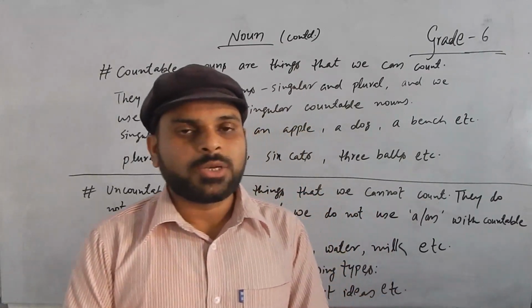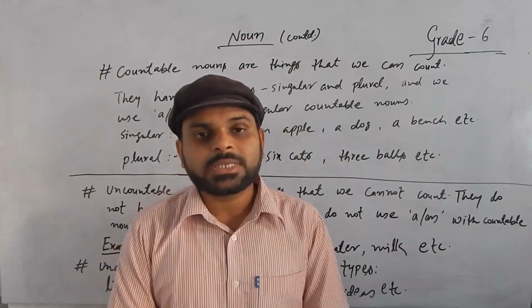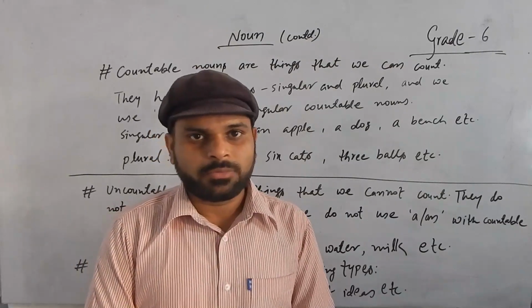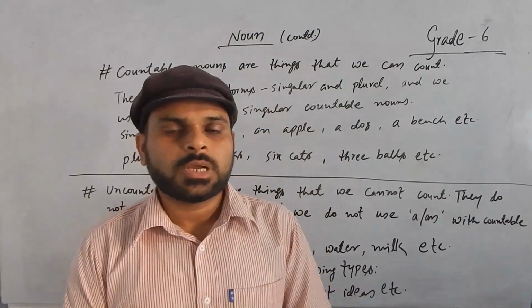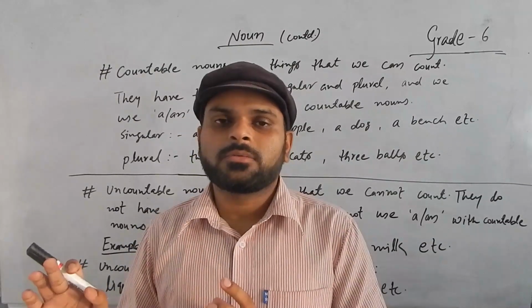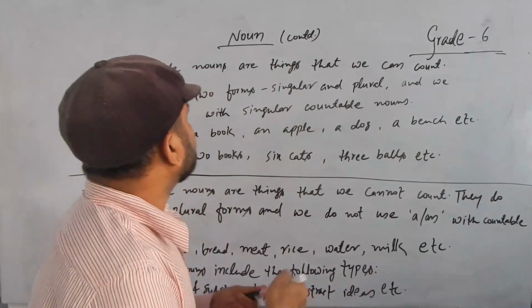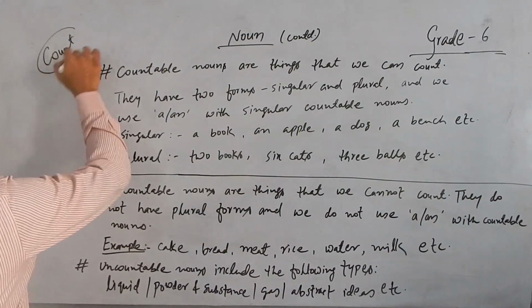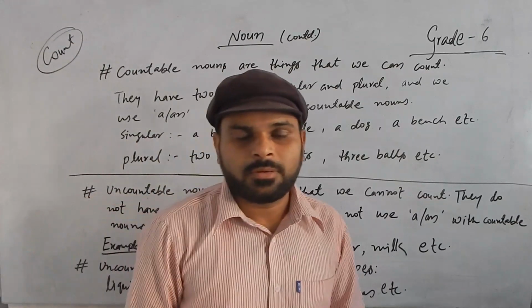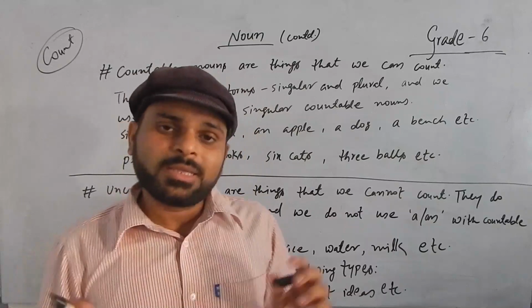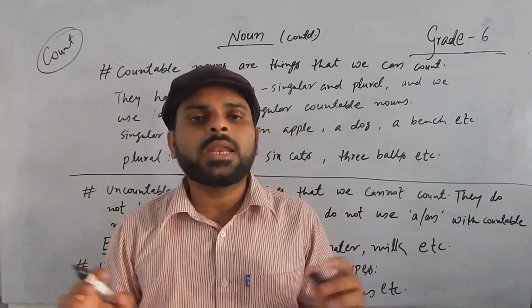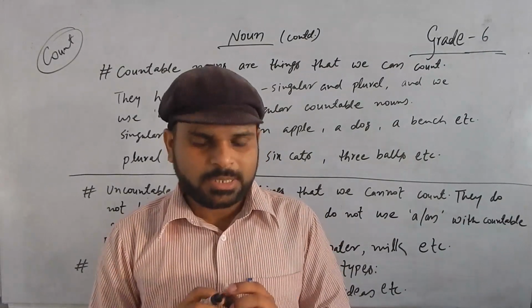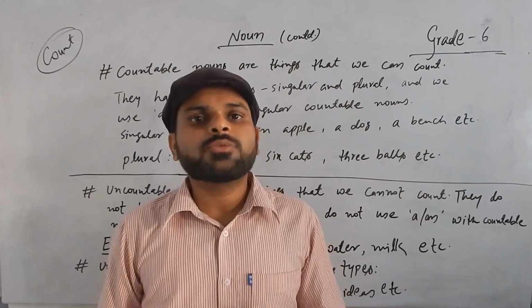Now I told you that in the next class we'll be discussing the countable noun and uncountable noun. Countable is derived from the word count. Anything, any noun that can be counted is simply a countable noun.